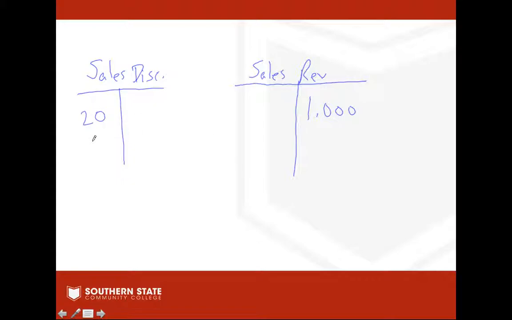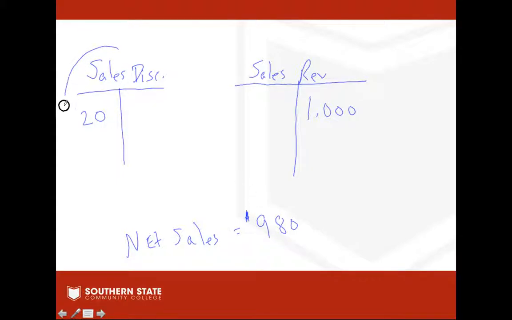If we're taking just that one sale and assuming that's the only sale we had, at this point, we'd have net sales of $980. The $1,000 sale minus the discount that we gave gives me a net sale of $980.